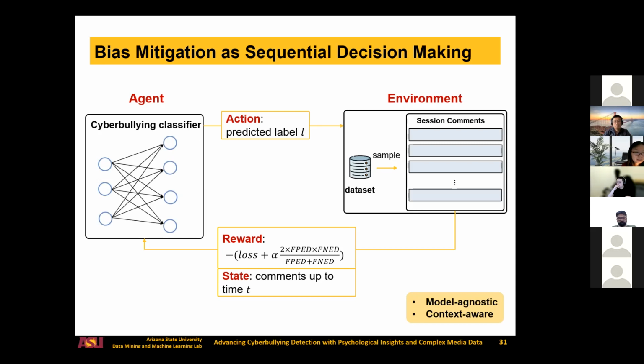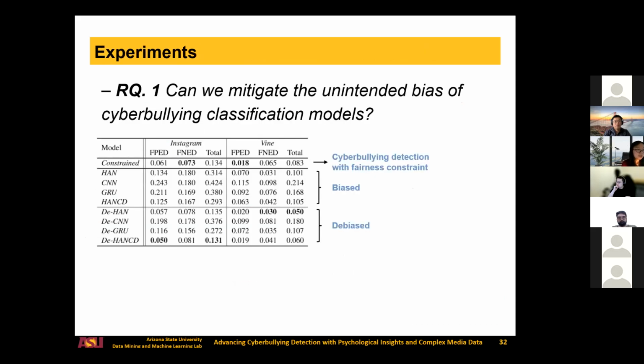This framework is model agnostic, meaning that we can take any biased classifier as the input. It's also context aware, because at each moment we make a decision, we need to consider all the historical comments. So the first question is, can we mitigate this unintended bias, right?